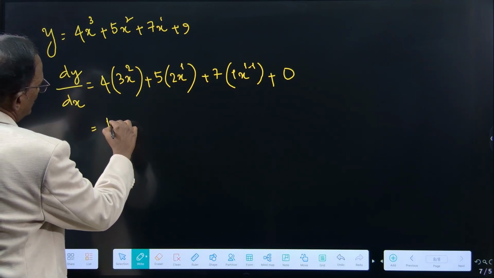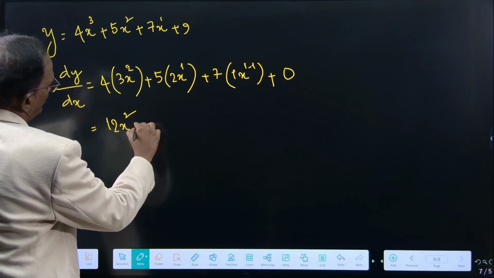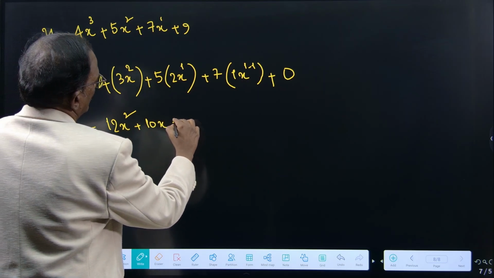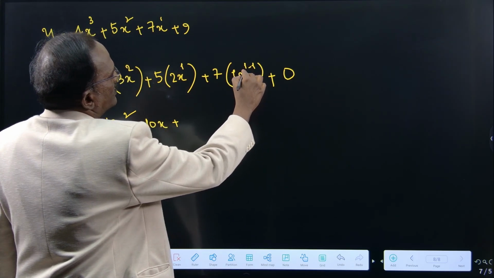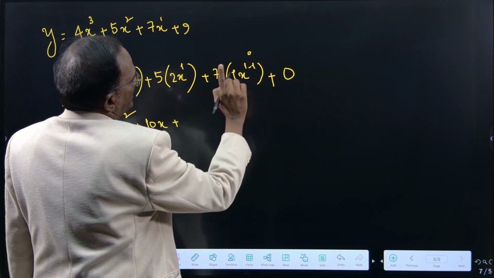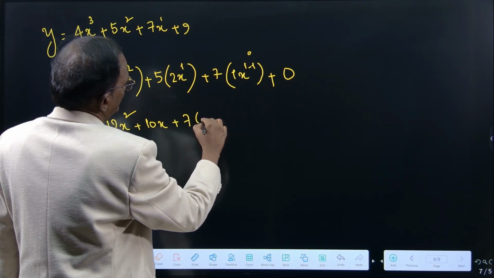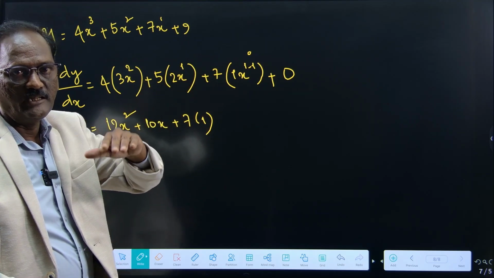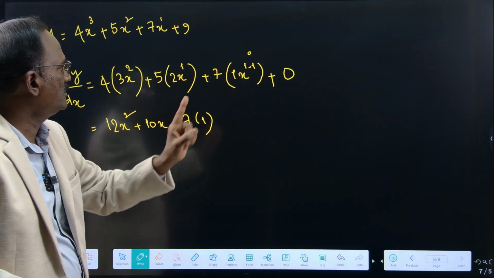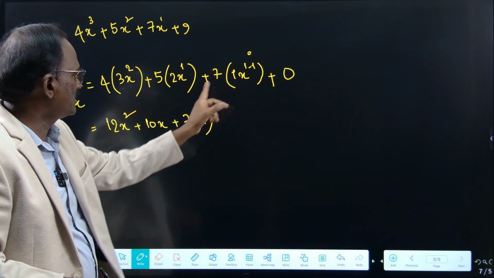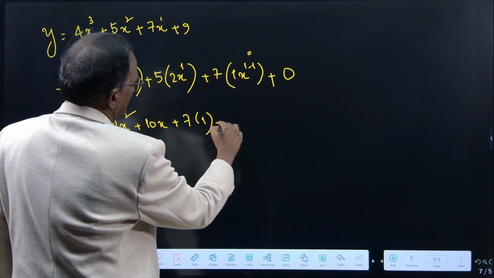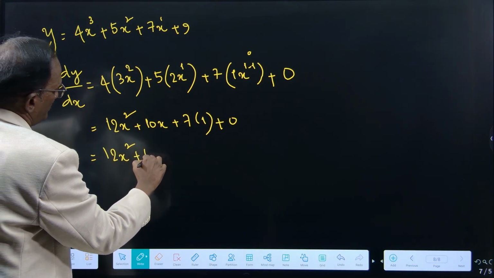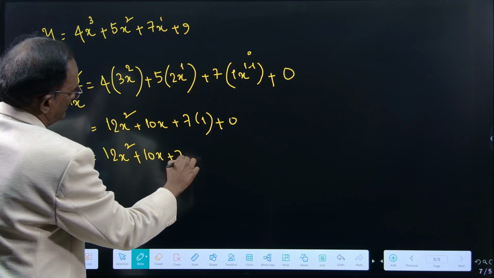So this is 12x square plus 10x plus, 1 minus 1 is 0, x power 0, any number with power 0 is equal to 1, so 7 into 1 is 7, and here it is 0. So the answer is 12x square plus 10x plus 7.